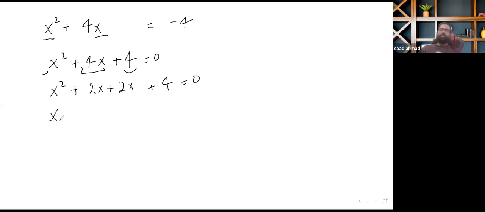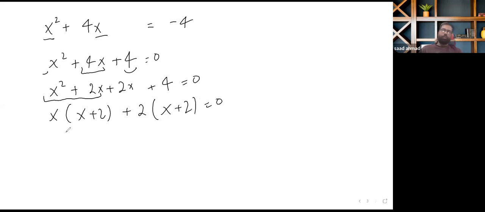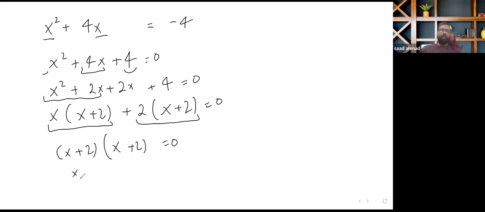Then we take x as a common factor among the first two terms, so x times (x plus 2). And then again, we take the 2 common from the last two terms, so we get 2 times (x plus 2). In these two terms, again, we have x plus 2 as common. So from the first we are left with x, and from the second we are left with 2, so we get (x plus 2) times (x plus 2) equals 0.